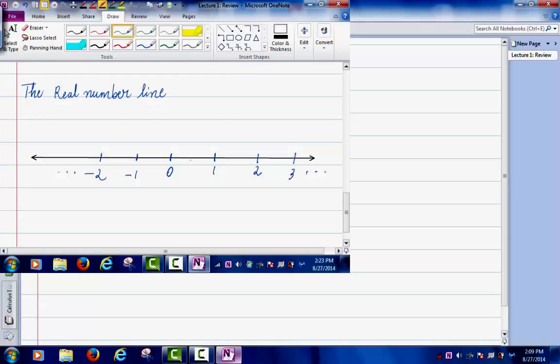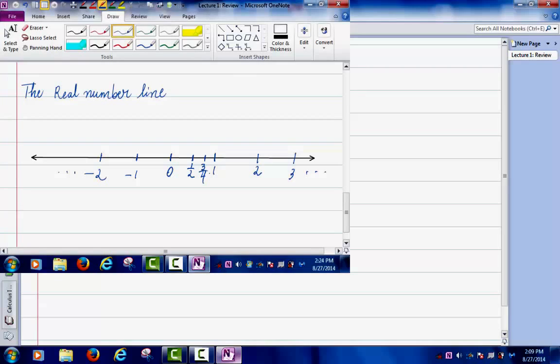Well, the number in between here, right? That's going to represent half. The point right in the middle here will represent what? 3/4? And so on. So all the rational numbers will be represented by some point there.